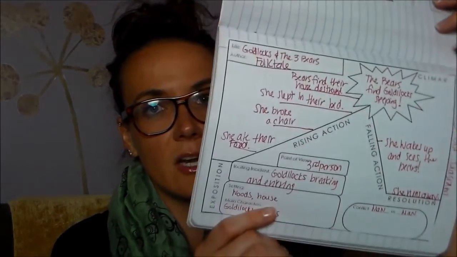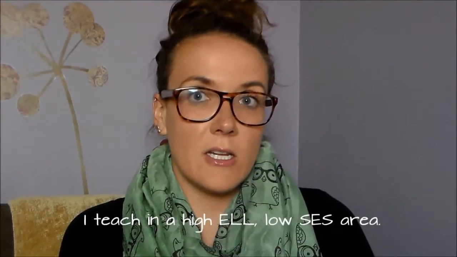Then we have our plot diagram, which with 6th graders, ironically, or maybe not ironically, a lot of my students aren't familiar with common fairy tales that you would think, but they were all familiar with Goldilocks and the Three Bears. So we did a plot diagram on that, just to get them familiar with plot diagram lingo like rising action, falling action, climax, etc.